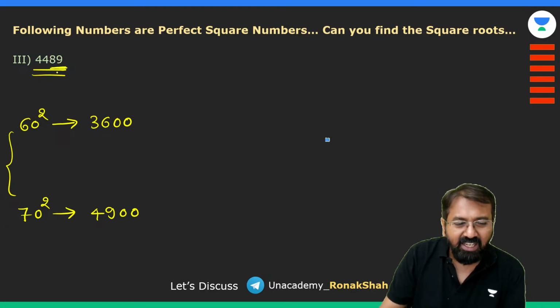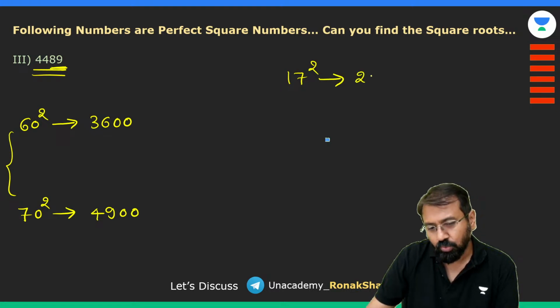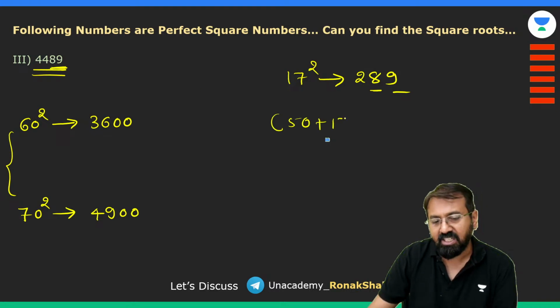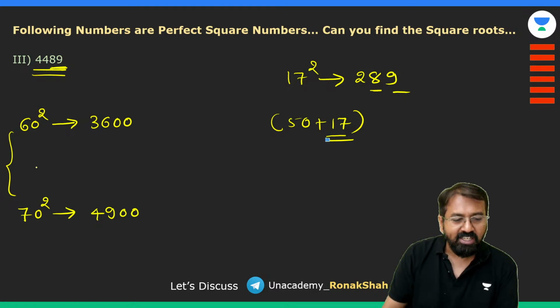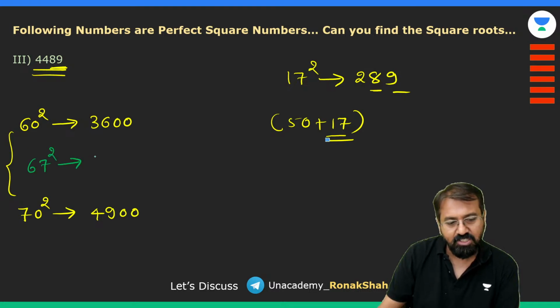And can I say 89 comes from 17 square, which is 289. So 89 comes over there. Matlab this number should be 50 plus 17, 17 more than 50. So can I say the number has to be 67, everyone? 67 square will be 4489.